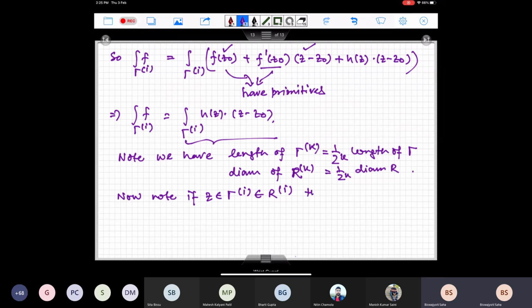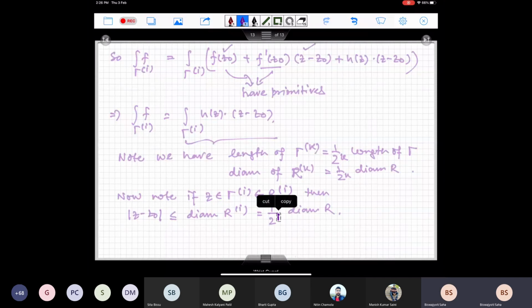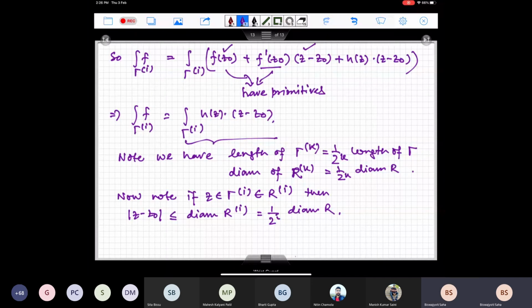So if I consider the distance between z and z naught, this is less than or equal to the diameter of R_i, and the diameter of R_i is equal to 1 upon 2 power i times the diameter of R. Do you agree to this?